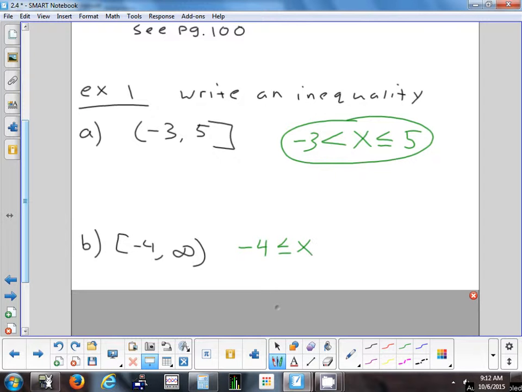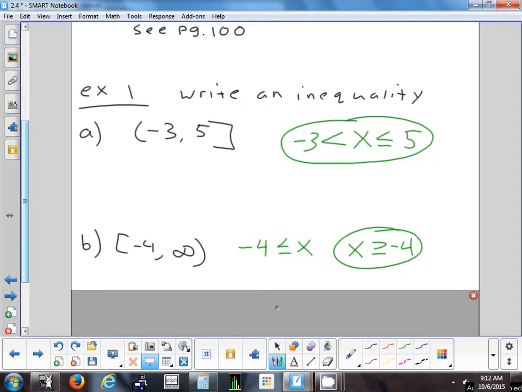Or how else could you say it? Greater than or equal to? And how would you write the whole thing? Okay, how else could you rewrite this? Because we usually put the letter on the left. Yeah. X is greater than or equal to -4.